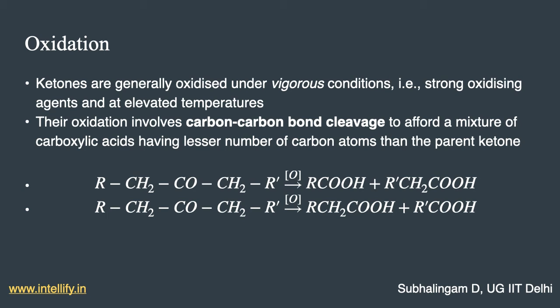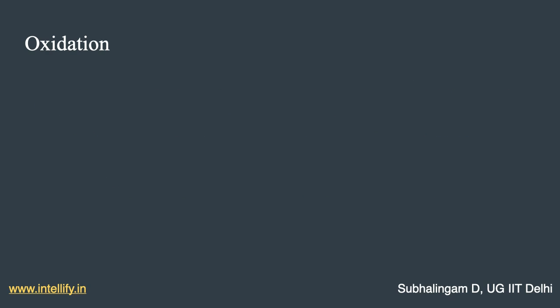One, I can get RCOOH and R-CH2COOH. Here the bond cleavage is on the left side, and otherwise I can get the bond cleavage on the right side to get RCH2COOH and R-COOH.